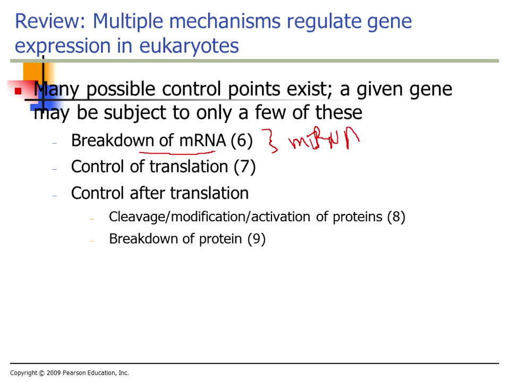And then control after translation, which was either cleavage, modification, or activation of the proteins, and then breakdown of the proteins. So you can see how complex the control mechanisms are in cells, and we call it a cascade of controls, right?